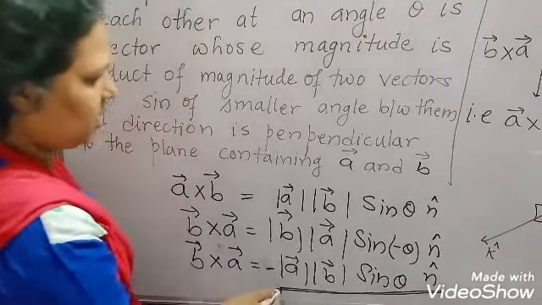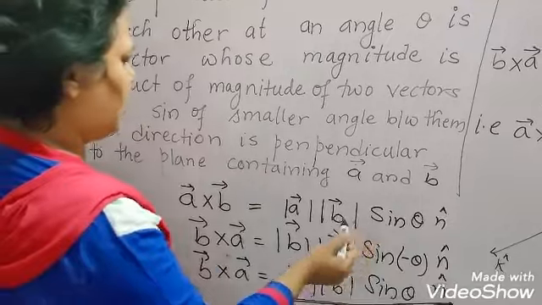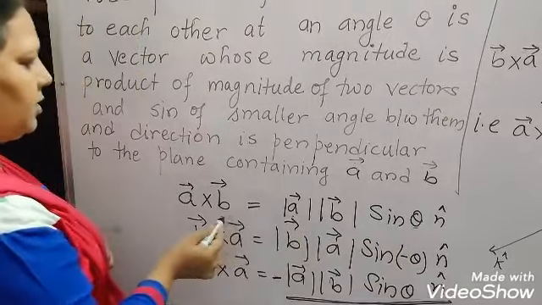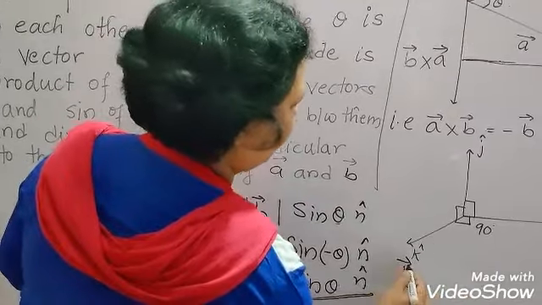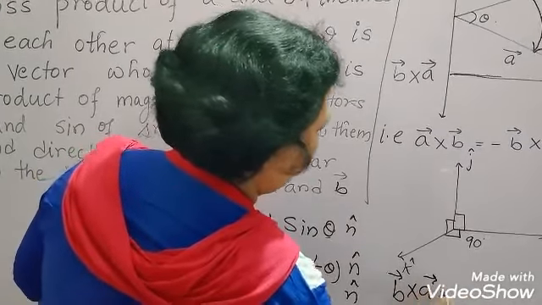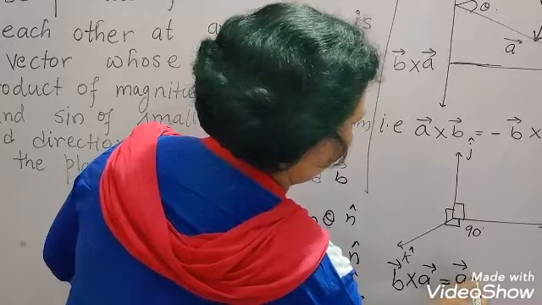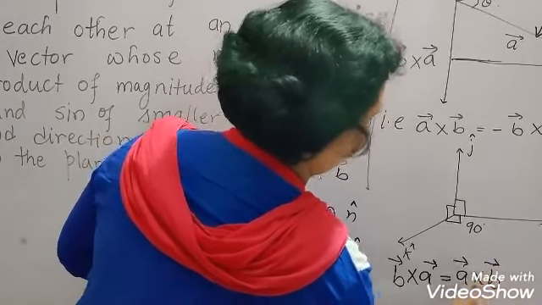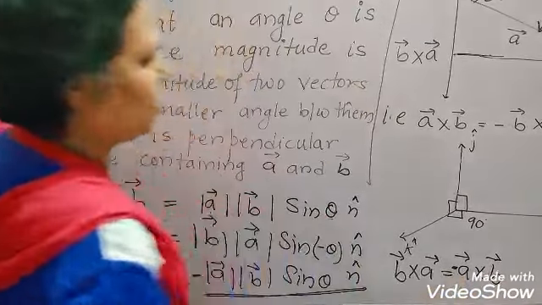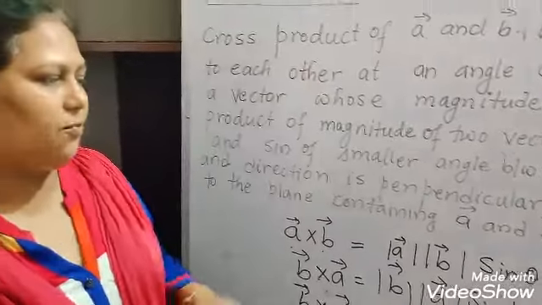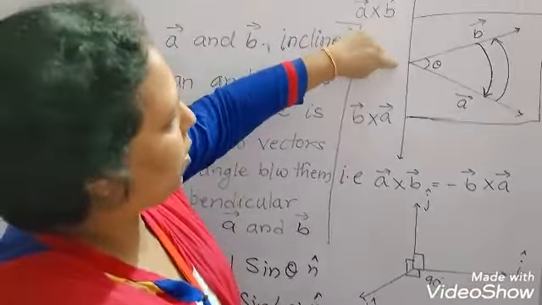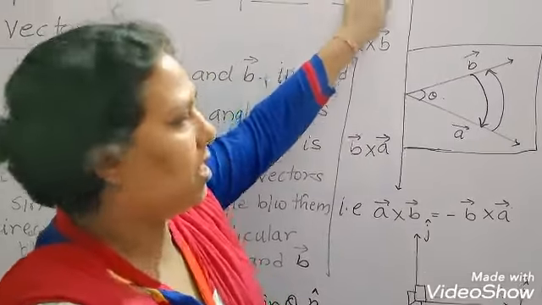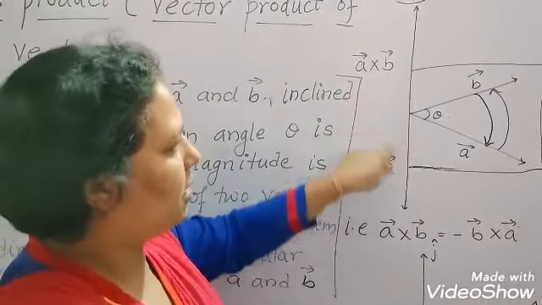It is the same as the quantity for A cross B. That means B cross A is equal to minus A cross B. That means if we change the order of the vectors, the resultant which we obtained upward is now obtained downward.